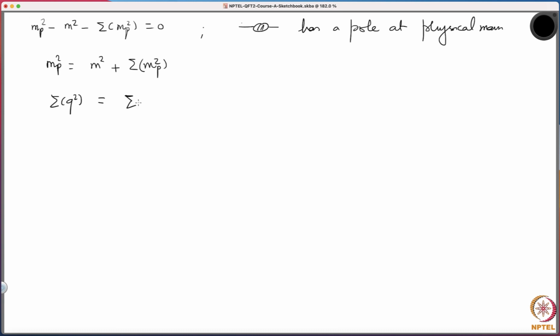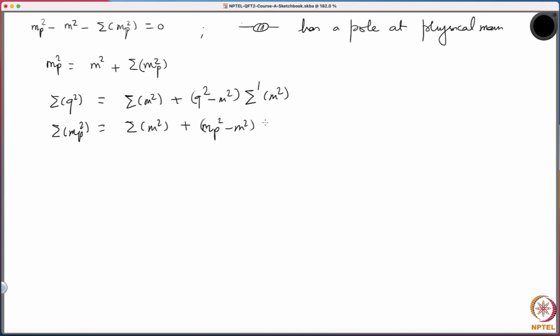So I will have sigma of m square plus q square minus m square sigma prime m square, which gives sigma of mp square as sigma of m square plus mp square minus m square sigma prime m square.